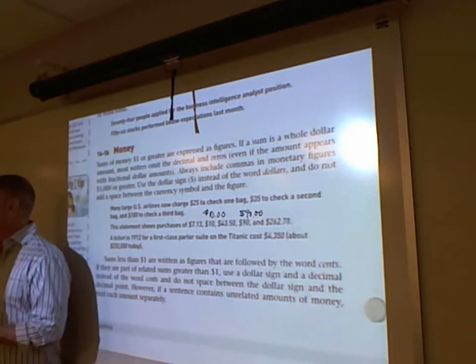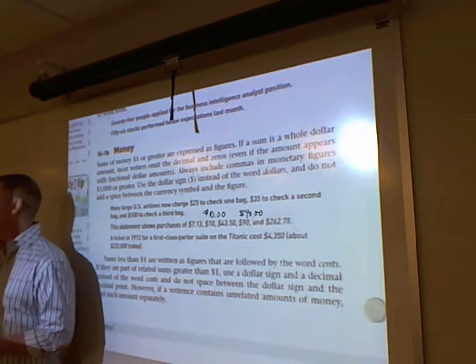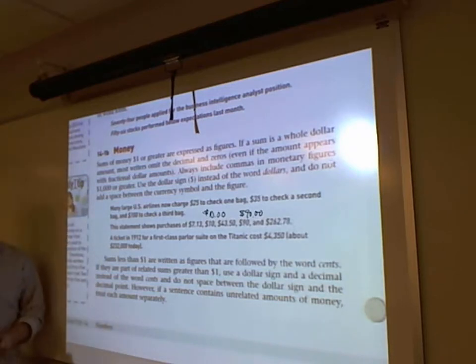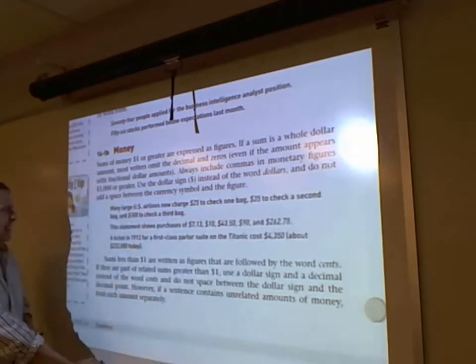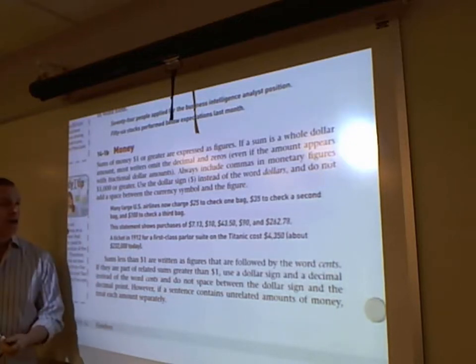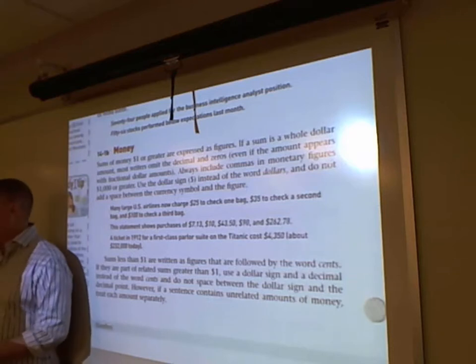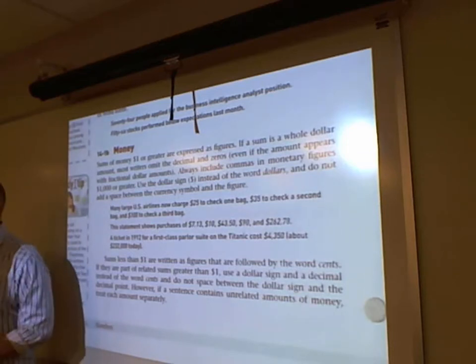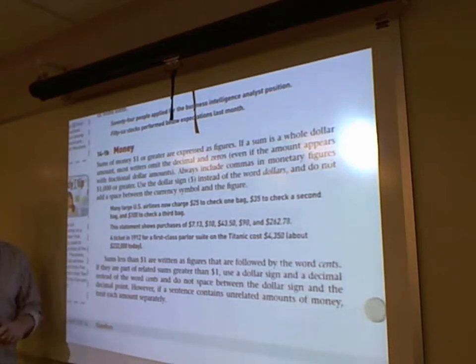Okay, then finally, let's see. Sums of less than $1 are written as a figure associated with the word cents, unless it's an item in a series. You have something that's typically 99 cents.